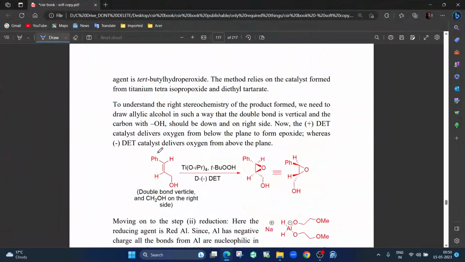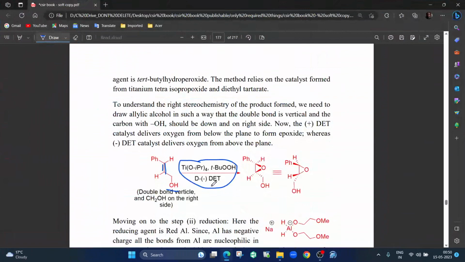What Sharpless observed is you can predict the absolute stereochemistry of the product when you are epoxidizing an alkene, which is an allylic alcohol, with this reagent. So what he said is draw the allylic alcohol in such a way that the alkene comes in a vertical line. So you see this alkene comes in a vertical line, and this OH should come on the right side.